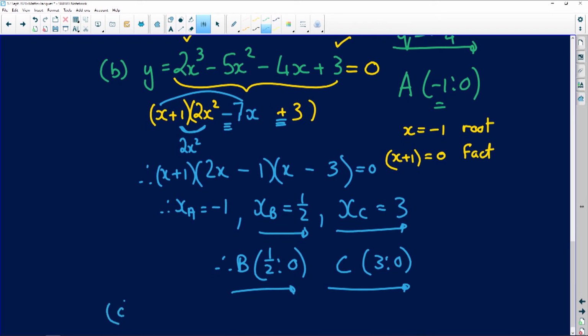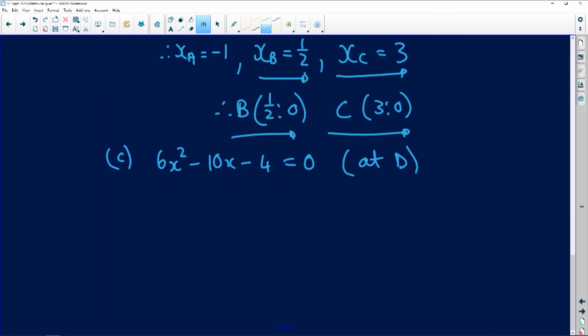So I'm going to differentiate: 2x cubed becomes 6x squared, minus 10x, minus 4 is 0 at the point that we're looking at, and that's at point D. So the derivative of the function is 0.